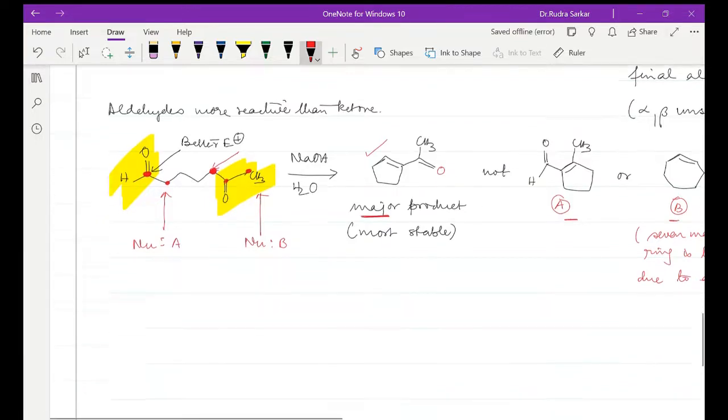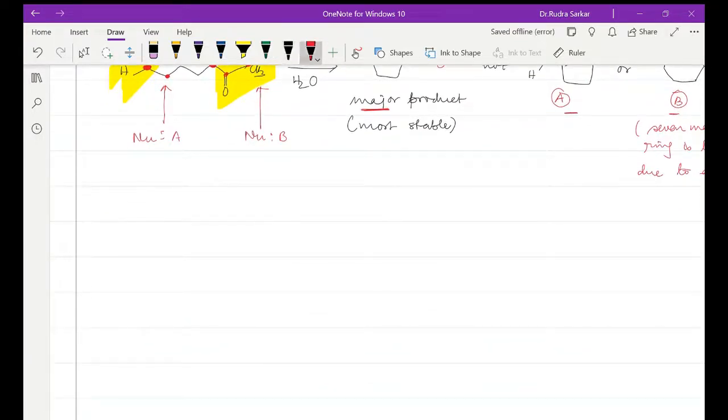Now, some points on the elimination of water, that is the dehydration. So we will discuss over here the mechanism of the dehydration of the aldol product. So let us say over here that it basically is a two-step base catalyzed dehydration.